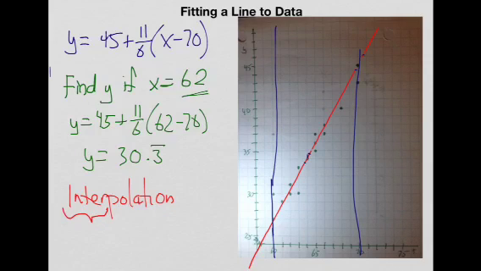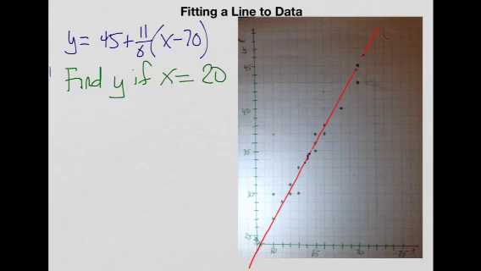And so when we're looking for any prediction values inside these values between 60 and 70, this is my interpolation. And if you notice, it's pretty close to what our data said. If we have a reasonable prediction line, our interpolation is generally pretty close to the data set. So we're happy with that.